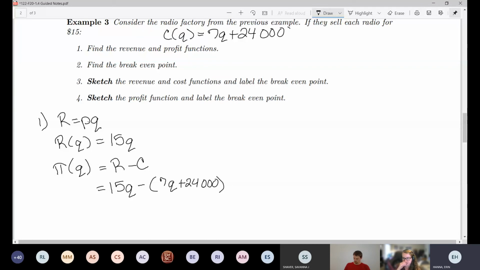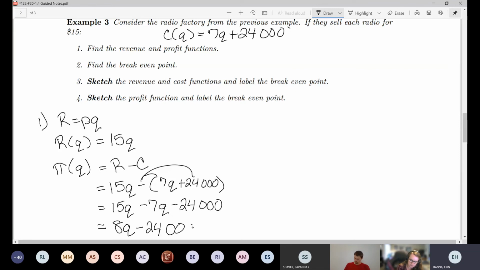Because if I want to finish simplifying this out, I do have to distribute this negative. I get 15Q minus 7Q minus 24,000, which results in 8Q minus 24,000. And let me just bring down the pi of Q just for formality's sake.